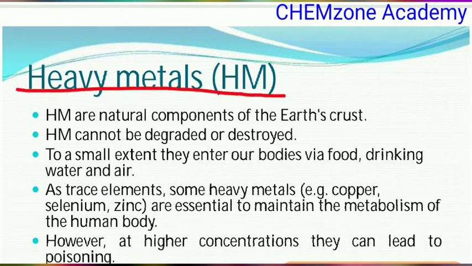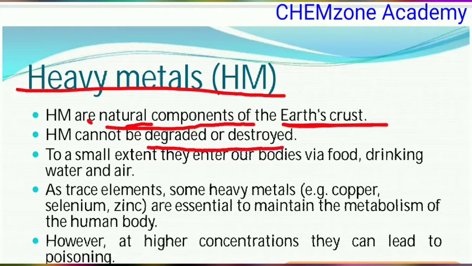Heavy metals are denoted by Hn. Heavy metals are natural components of the earth crust, meaning they are found in compound form in the earth. Heavy metals cannot be degraded or destroyed.